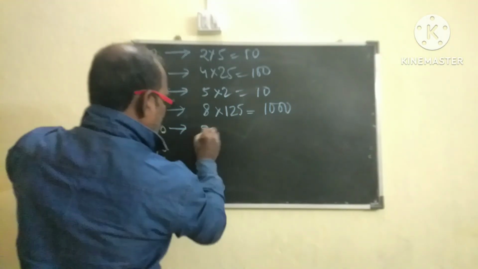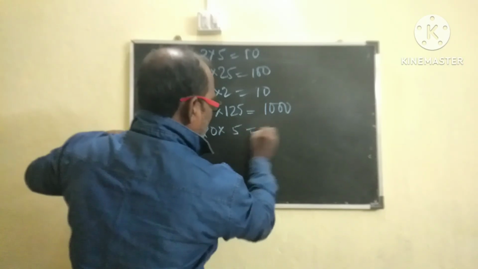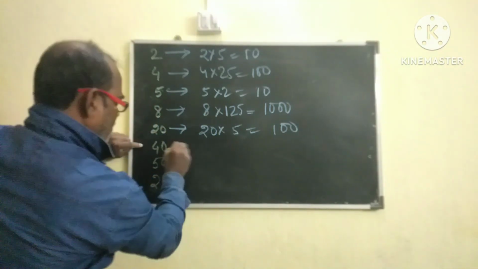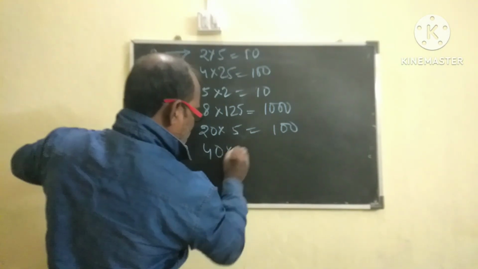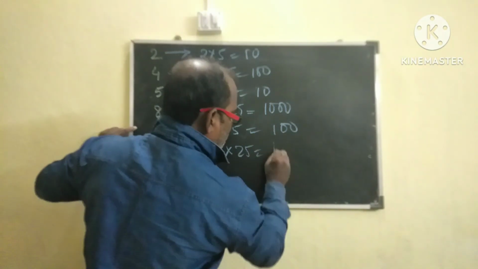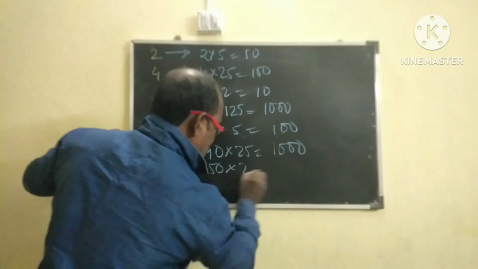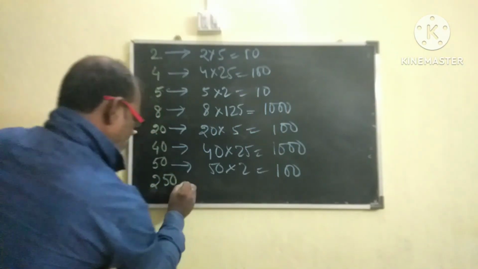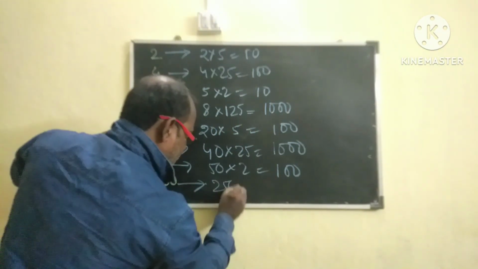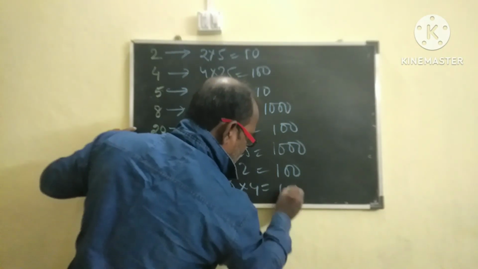For 20, you can write 20 into 5 equals 100. For 40, 40 into 25 equals 1000. For 50, 50 into 2 equals 100. For 250, 250 into 4 equals 1000.